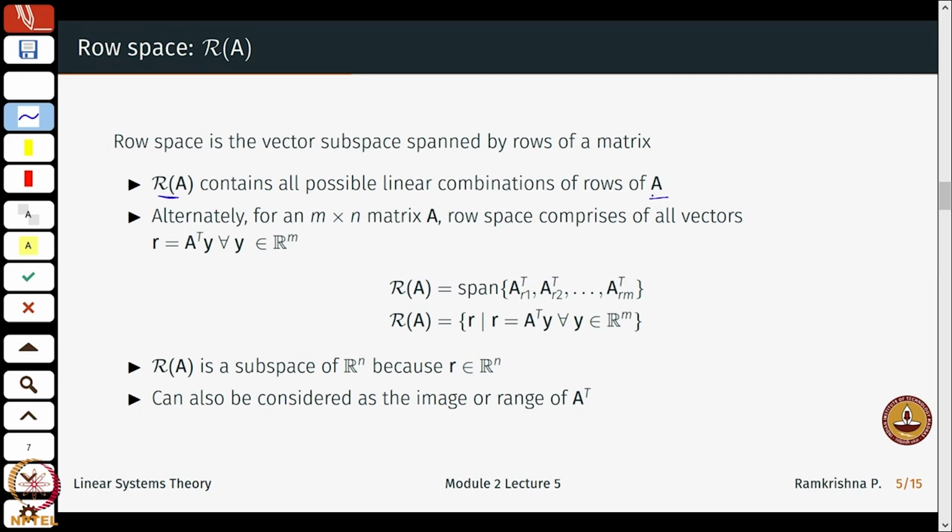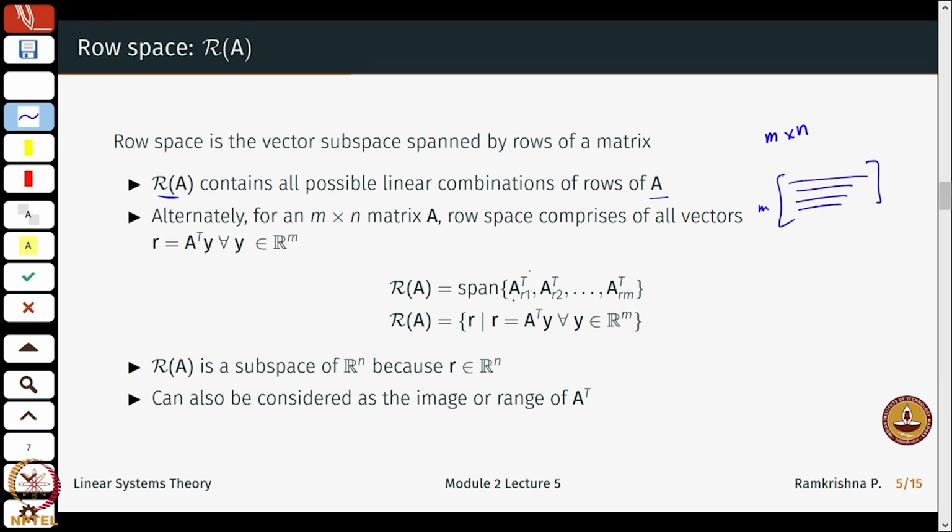Okay. So, if I look at the matrix representation, again starting from an m cross n matrix, the row space comprises all the vectors. If I just have these rows, 1, 2, 3, 4 and so on up to m rows, I am just looking at the span of these row vectors.